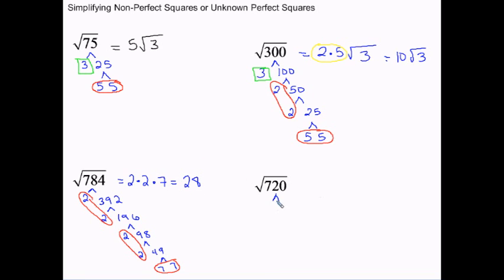Last example, we have 720, and it doesn't matter how you break them up. Just remember that only the ends of your little branches can count.